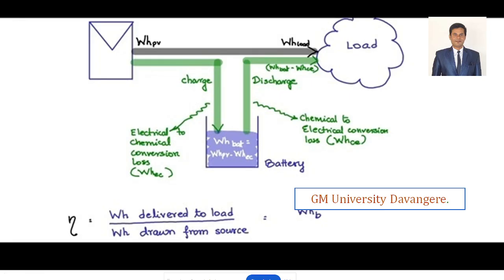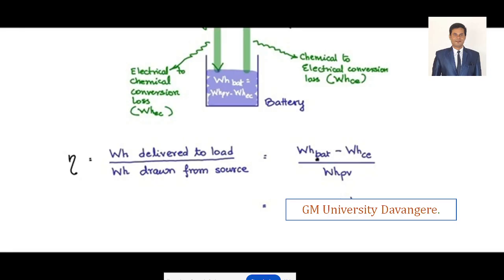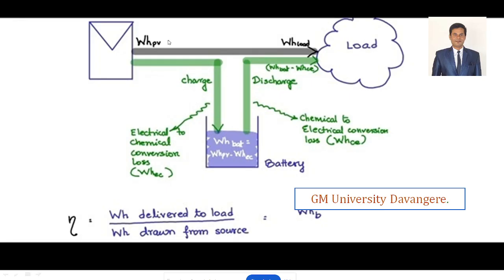This is how it makes an impact on the efficiency of the energy storage. So WH delivered to the load is WH battery minus WH chemical to electrical conversion. This is the output actually.